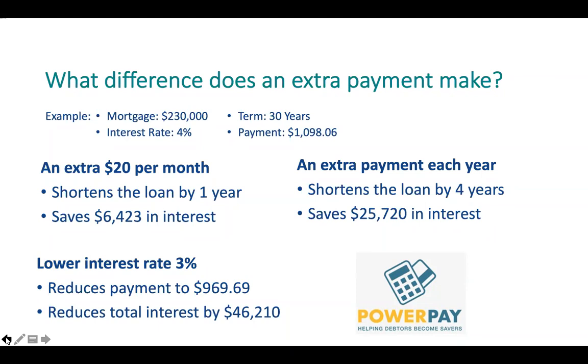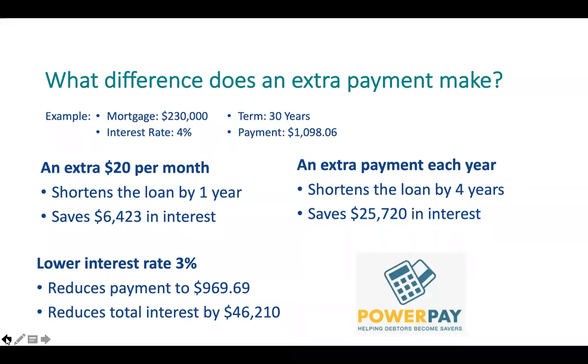So you can see why shopping for an interest rate is important. Also, when you are a homeowner, considering refinancing is a good suggestion. When you're refinancing, you just want to make sure that what you gain in saving interest is at least or more than what you're paying in closing costs, because it will cost you money to refinance.